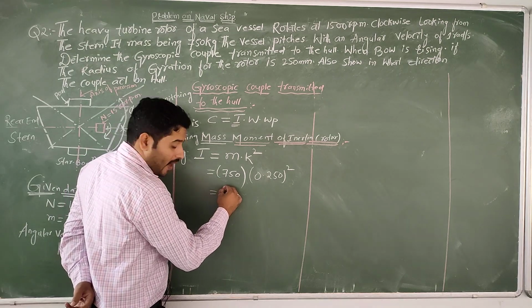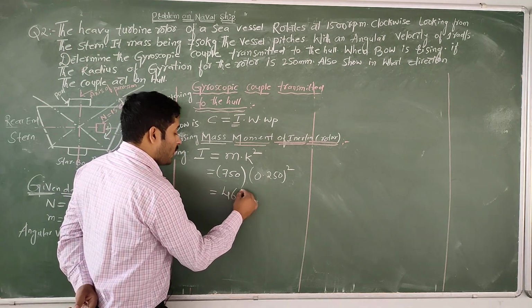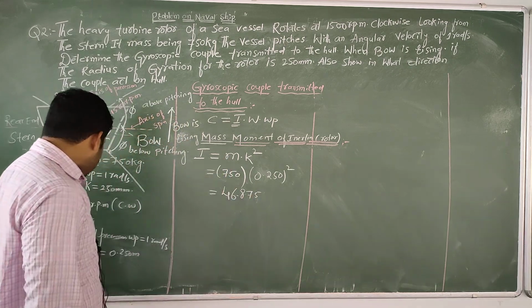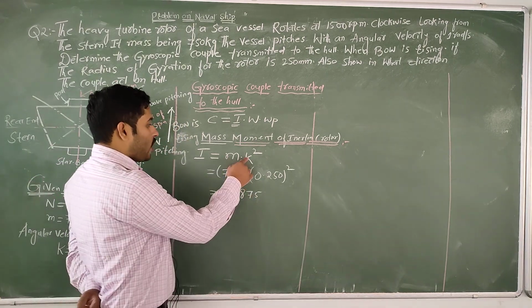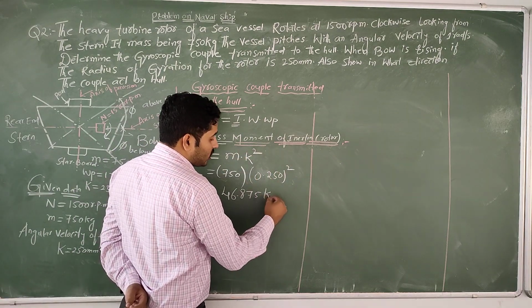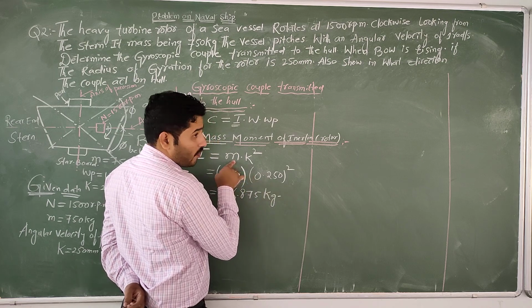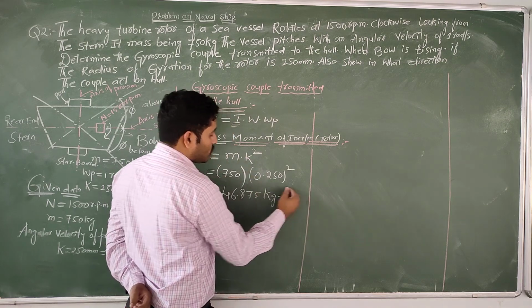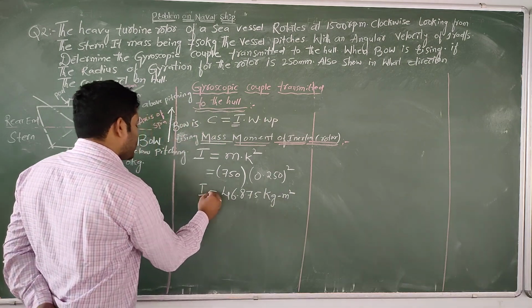So I am getting the value 46.875. The unit of mass is kg and the unit of radius of gyration is meter whole square. Then we can present it as I.